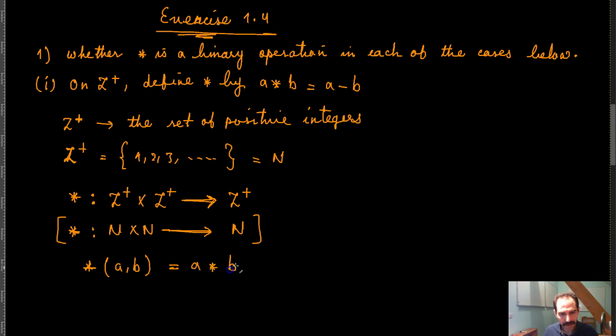You will get A star B, which in this case happens to be A minus B, right? So suppose that, for example, I take 1, 1. 1 minus 1 is equal to 0, which does not belong to the set of positive integers.